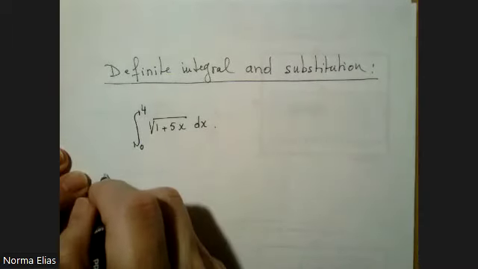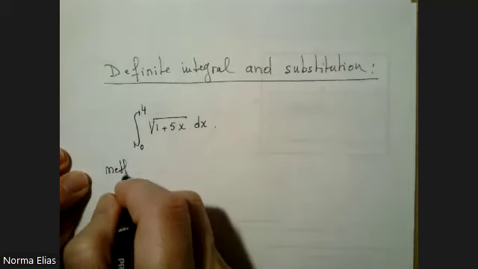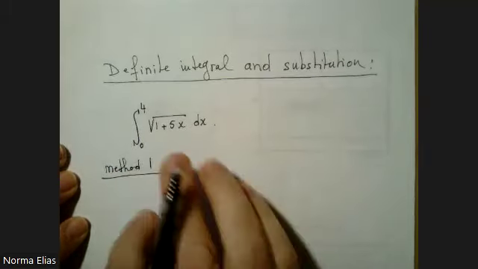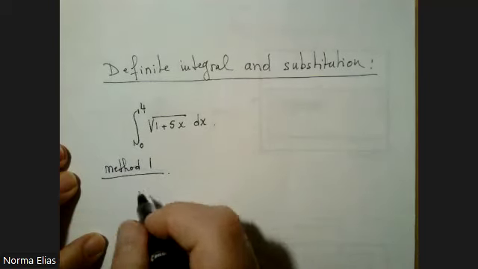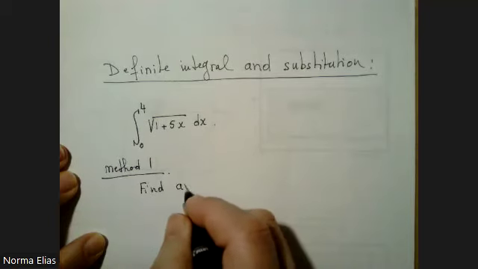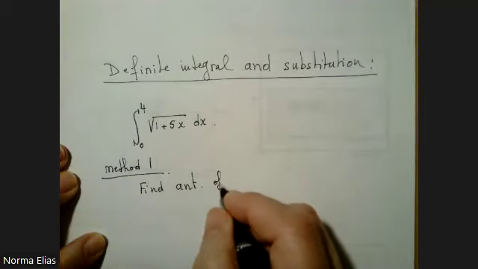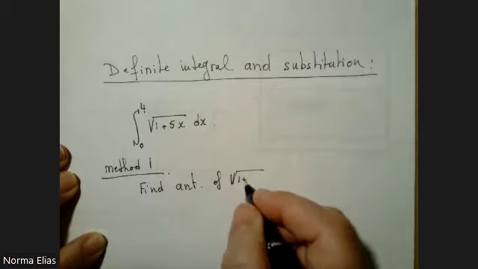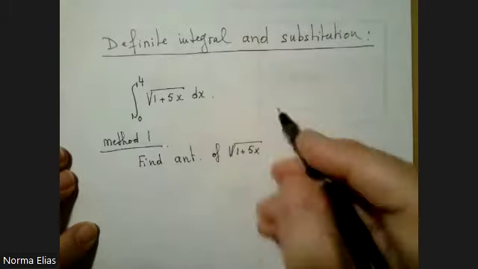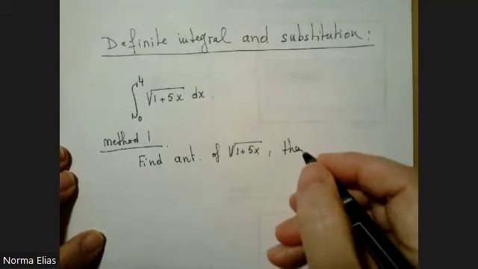So the first approach is the following. What I need is an antiderivative. So we're going to find an antiderivative of this function. That's really what I need. And then I use the fundamental theorem.